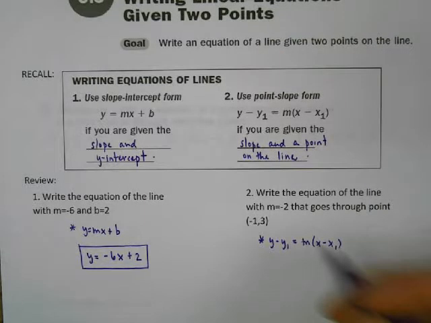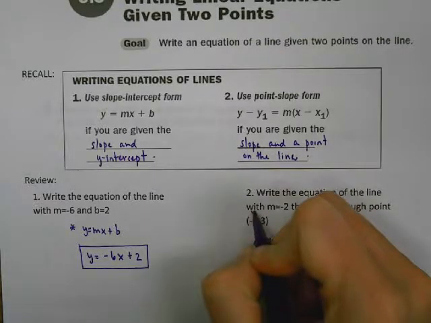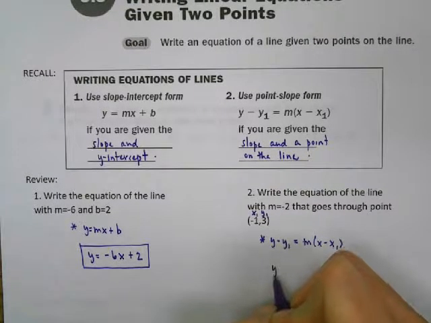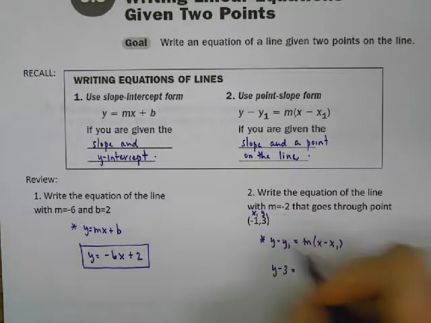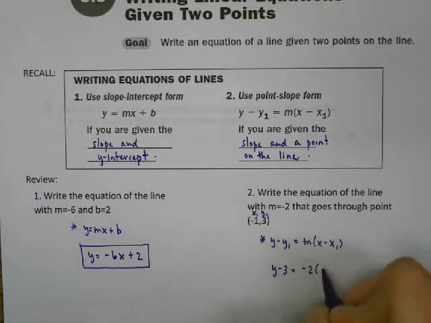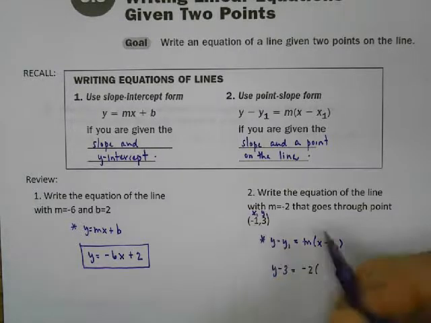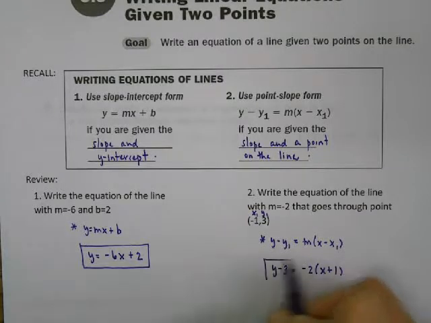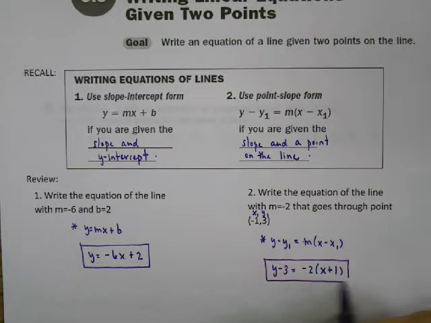And so again, we're just going to substitute, realizing that our point here gives us x1, y1. So we have y minus 3 equals -2. And now I have x minus a -1, so we make that x plus 1. So that's all review. That's what we've been doing.